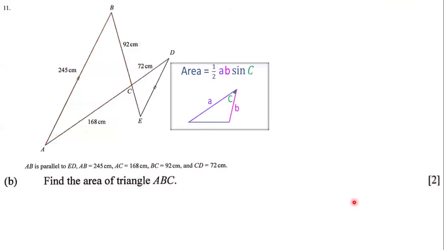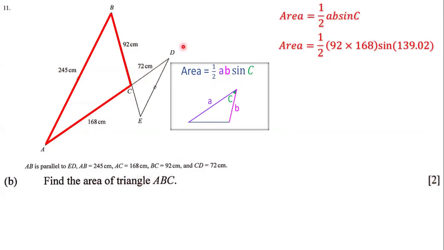Next, they want us to find the area of triangle ABC. For that, we're going to use the formula: area is equal to a half ab multiplied by sine C. In this case, a is 92 centimeters, b is 168 centimeters, and C is the same missing angle we found, 139.02.